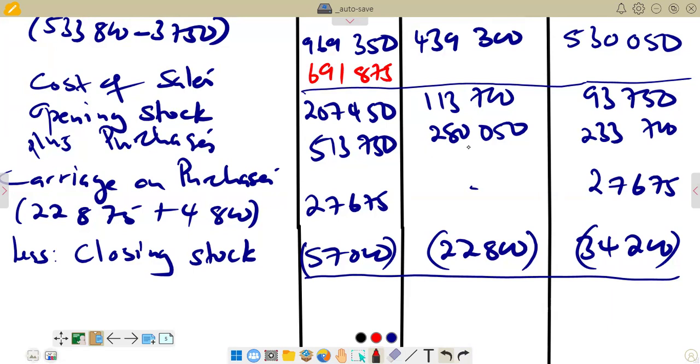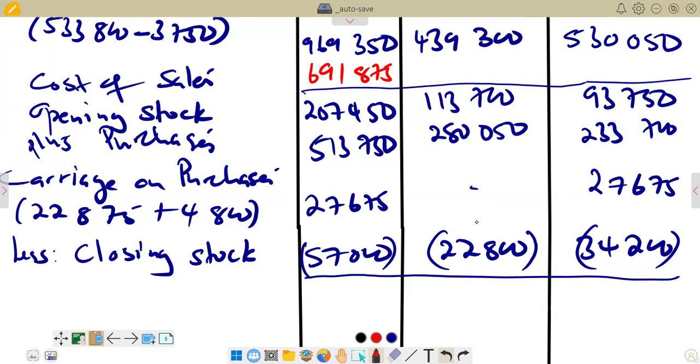Obviously, we now do the same here for our microwaves, where we say 118,700 plus 280,050 minus 22,800. So we are just trying to see what we are going to get then.